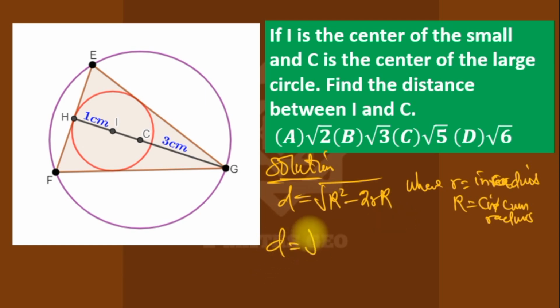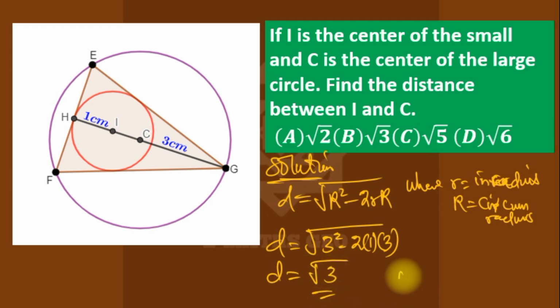So we have 3 squared minus 2 times 1 times 3. That is 9 minus 6, which is 3. So the answer is option B. The formula is very important in solving the distance. So thank you.